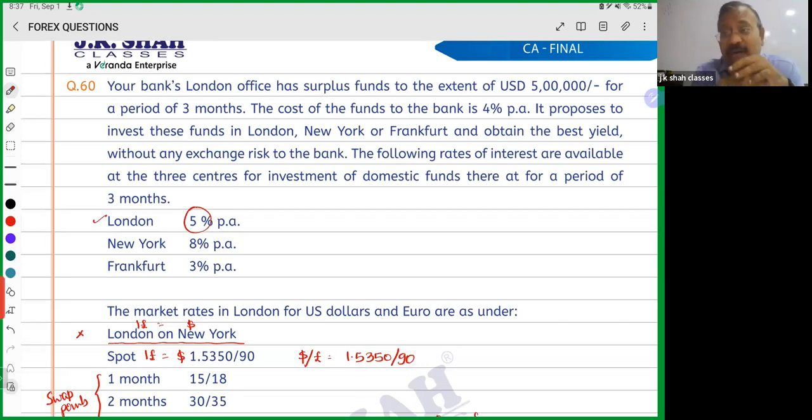Shashank says you should convert it into spot rate. Should you convert it into spot rate? How can the company invest in dollar? It's in London. So what should we do then?